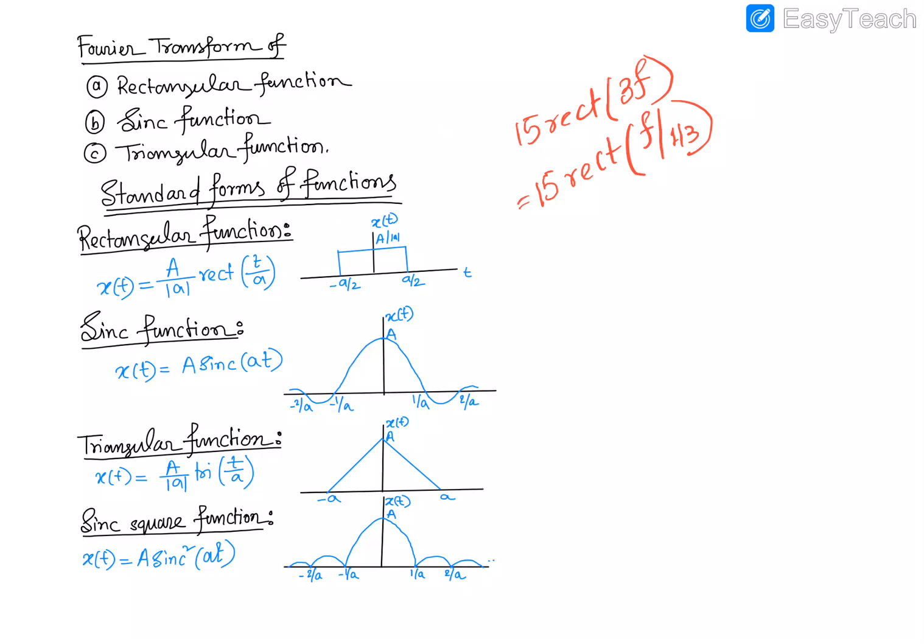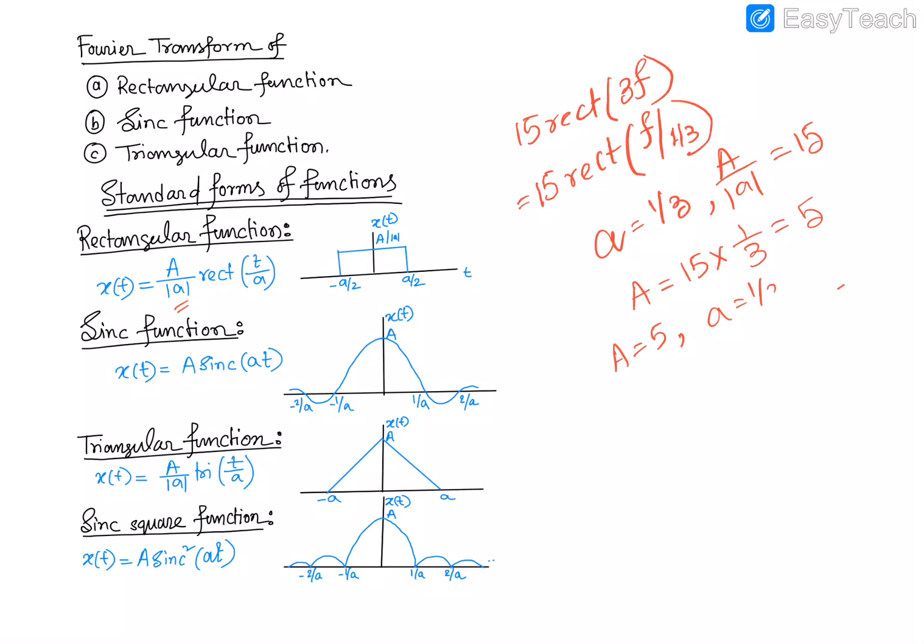So your small a is 1 by 3, and capital A by mod a equals 15. So your capital A is 15 into mod a, which is 1 by 3, that is equal to 5. So capital A equals 5 and small a equals 1 by 3.